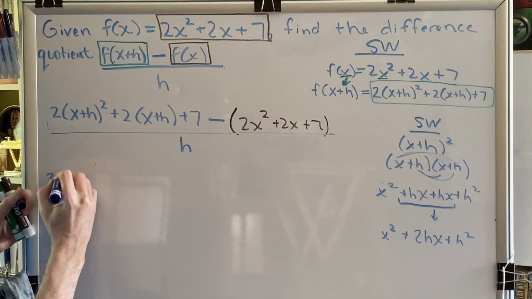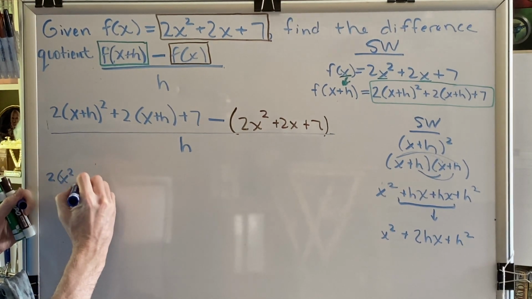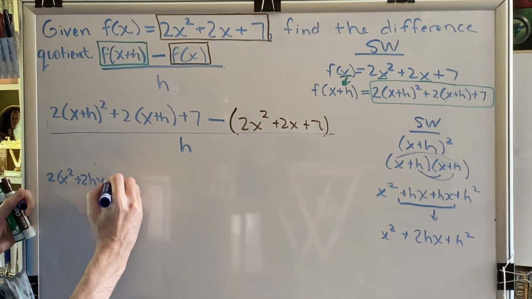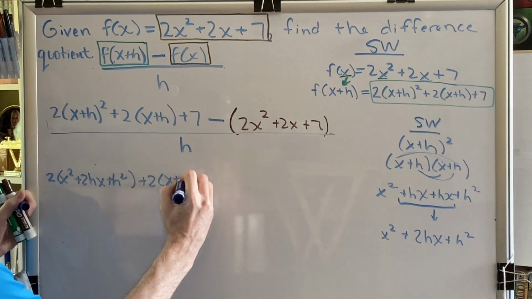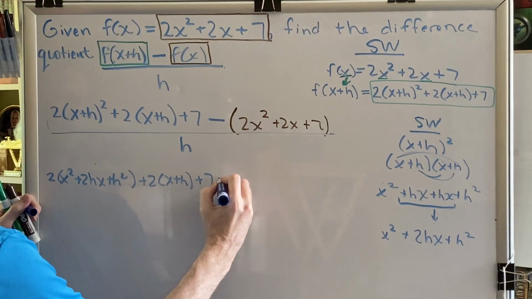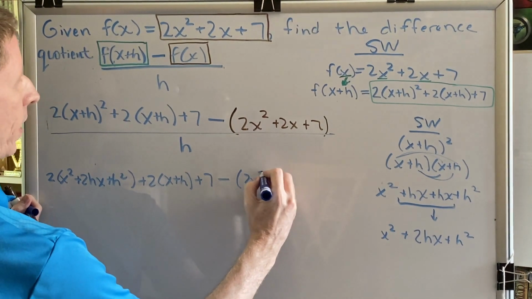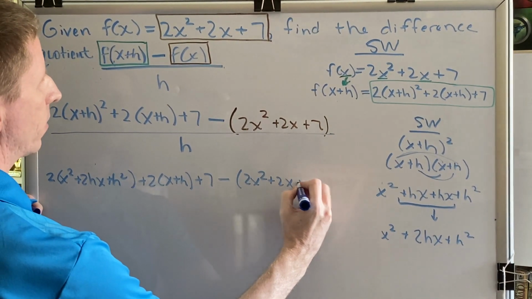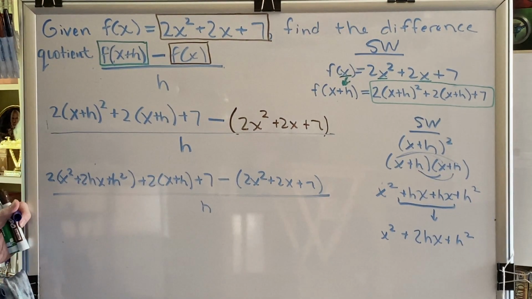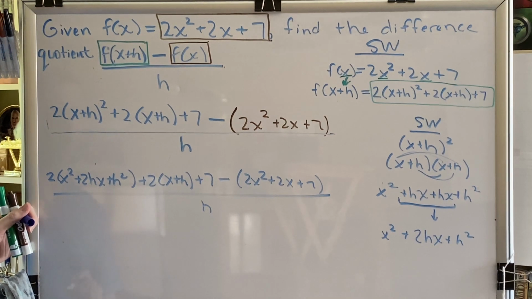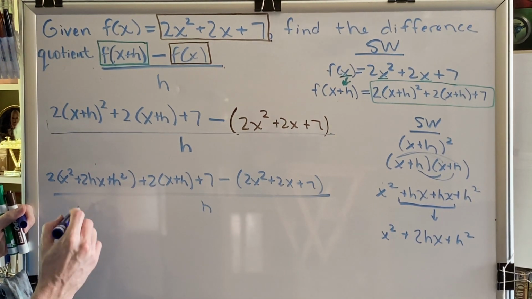All right, so I have 2 parentheses x squared plus 2hx plus h squared, plus 2 times the x plus h, plus 7, minus parentheses 2x squared plus 2x plus 7, all over h. Okay, the next thing we're going to do with our order of operations is multiply with the distributive property.